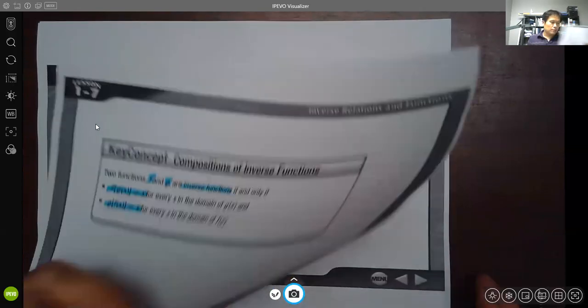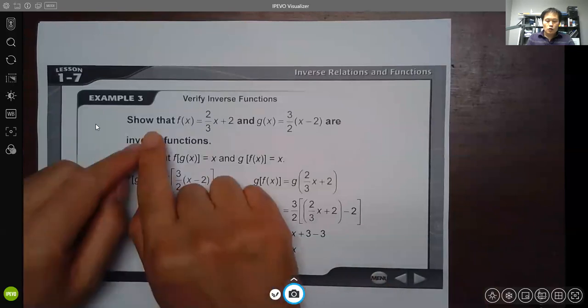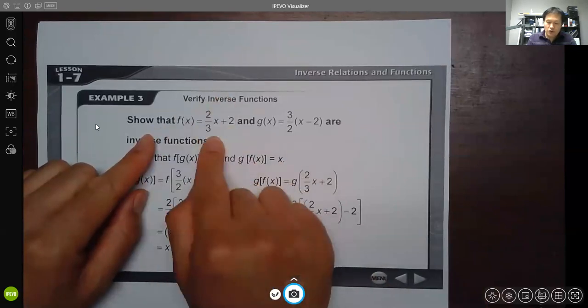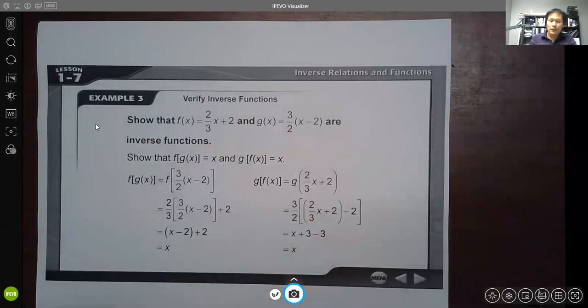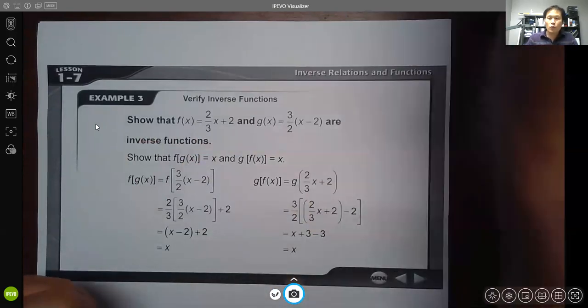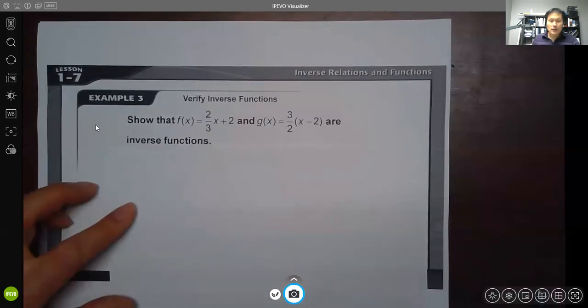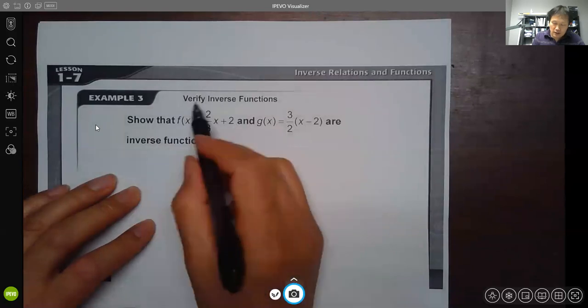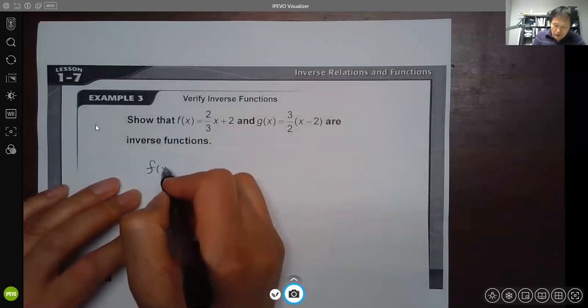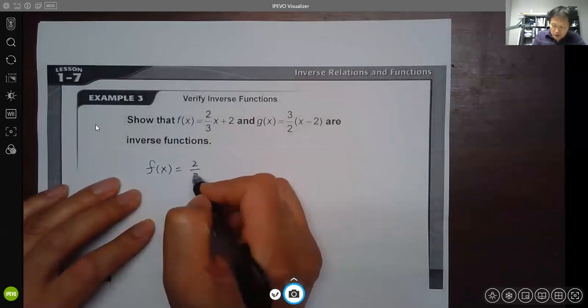Let me show you an example. Show that these functions are inverse functions. Okay? Here is the wrong way to do it. Some of my students say, well, I'm going to start with this, f of x equal to 2/3 x plus 2.